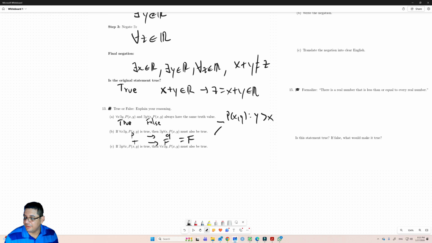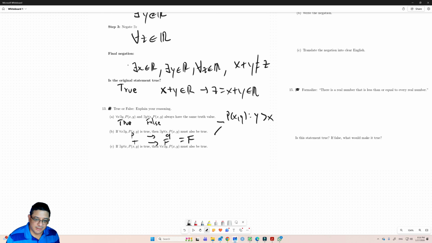And so if there is a y that works for all x, regardless of what p of x y is, then it certainly is going to work for each of the x. If there is one y that works for all the x, then for all the x that particular y is also going to work out.